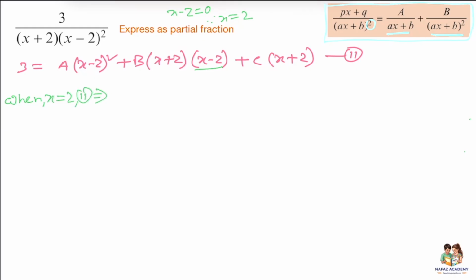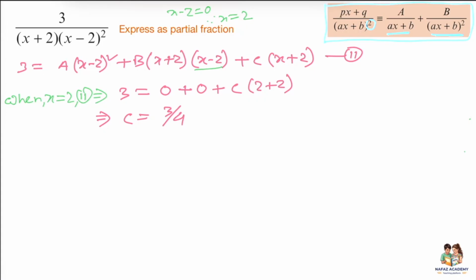So the calculation then, 3 equals, if we substitute x equals 2, then which parts will be 0? Part A and part B, right? Because both of them have x minus 2. C value is 3 over 4, right? Yes, 3 over 4 it is.